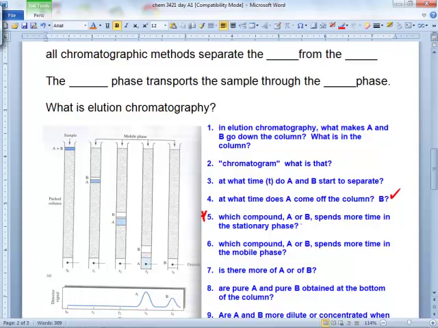Which compound spends more time in the mobile phase? Adriana, what would you say for that? A? B? Or trick question? Think of it this way, kind of like here too. These molecules, the whole time they're traveling up in this filter paper, there's a dynamic equilibrium going on.